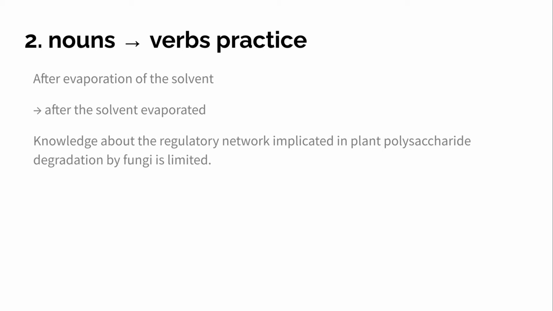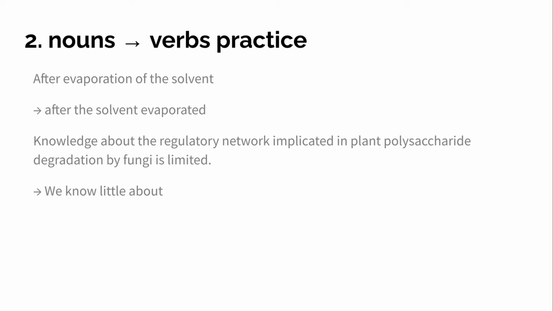But who knows what? In this case, the subject is the understood "we." We know. How much? Knowledge is limited. We know little about the regulatory network implicated in plant polysaccharide degradation.